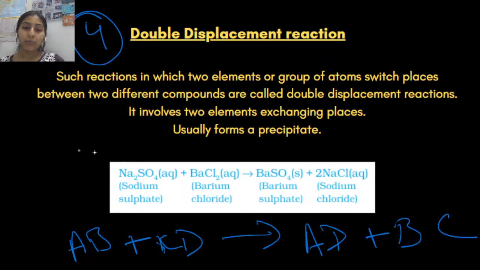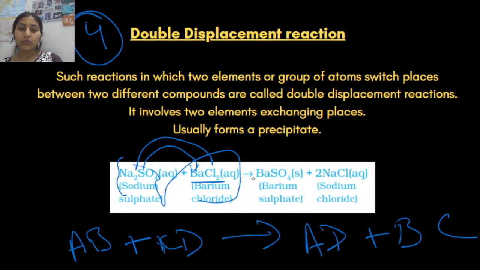For example, there was Na2SO4, sodium sulfate, plus BaCl2. So SO4 is now reacting with Ba and Na is reacting with Cl, resulting in the formation of BaSO4 and NaCl, right?